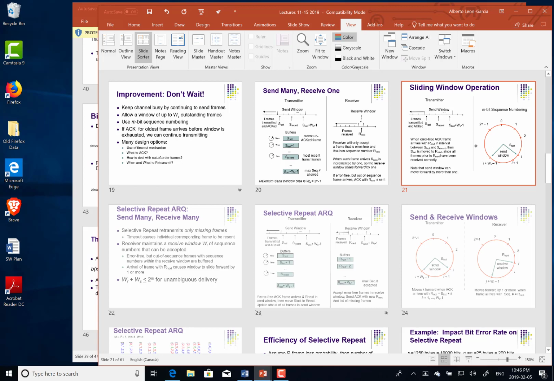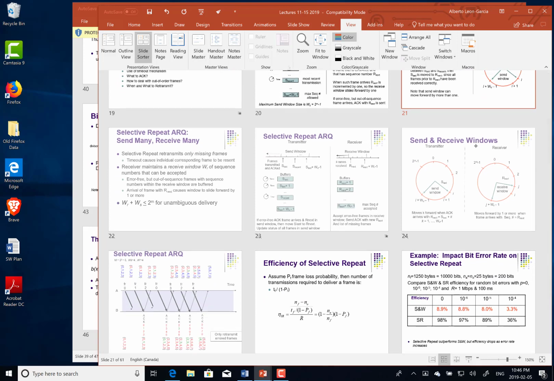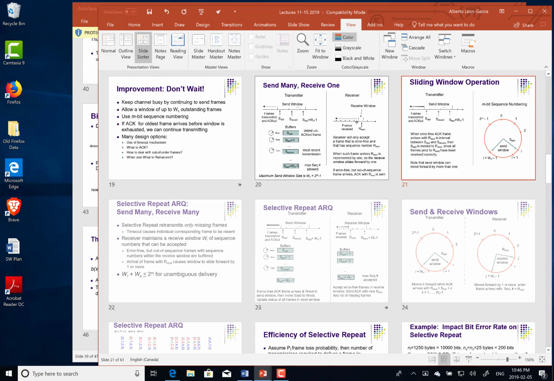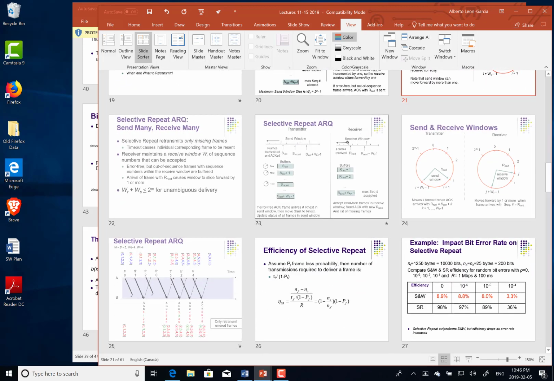That's your wedge. We looked at a particular type of retransmission called selective repeat. Selective repeat makes another change. Instead of just accepting one frame, now you have a bigger window to accept more frames.